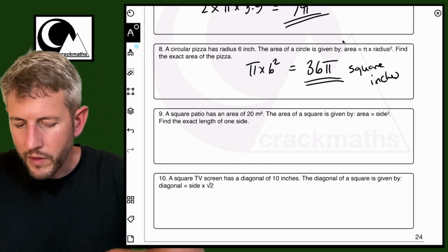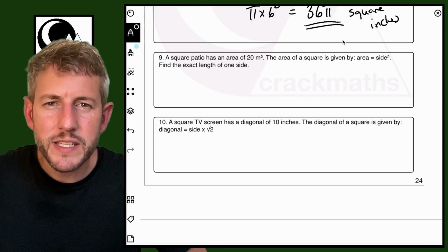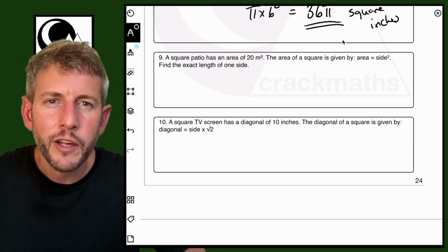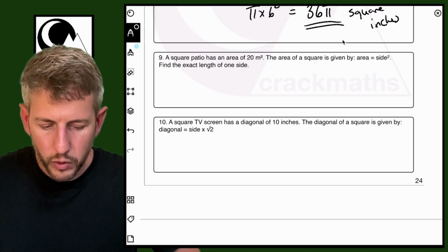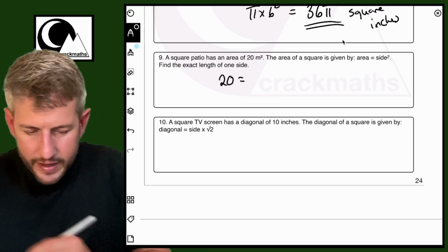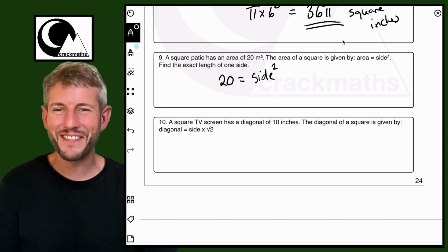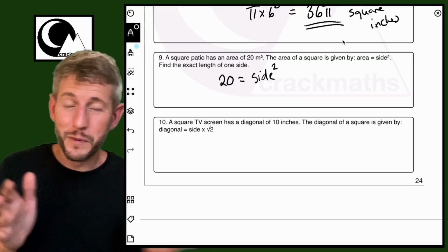Question 9. A square patio has an area of 20 metres squared. The area of a square is given by area equals side squared. Find the exact length of one side. So 20 equals side squared. This is testing our knowledge of going from square numbers to square roots.